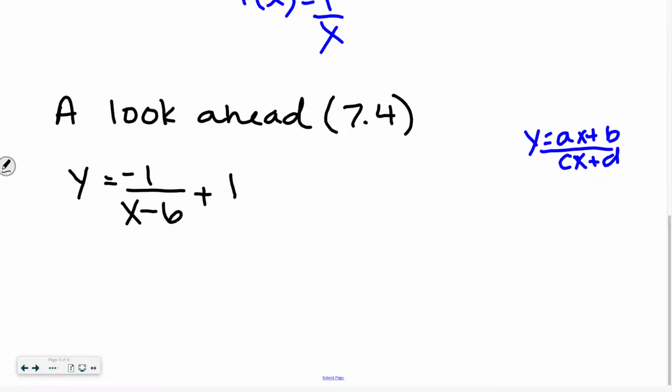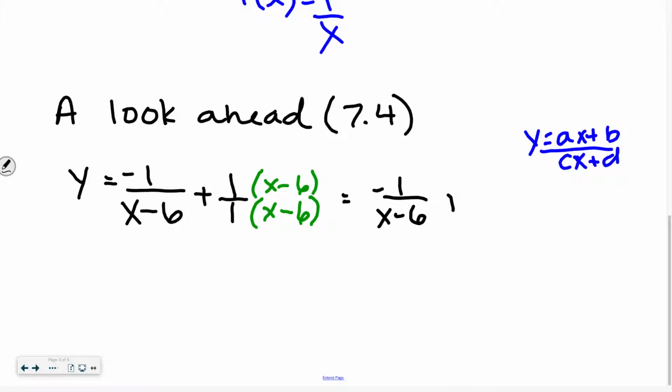What is necessary to add fractions? Common denominator. So this value, 1 over 1, will need a denominator of x minus 6, and I'll give it to the numerator too. Would you agree x minus 6 over x minus 6 is really just 1? Yes. So I'm still adding 1. So this is negative 1 over x minus 6 plus x minus 6 over x minus 6.